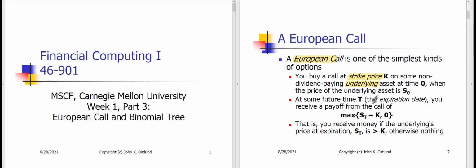When the so-called expiration date arrives, that's specified as part of the option contract, then if you were right, and if the price of the underlying asset is above the strike price at the expiration time, you collect money. But if you were wrong and the underlying asset price is below the strike price, then you collect nothing. This formula describing how much you collect at expiration time is called the payoff formula for the call.